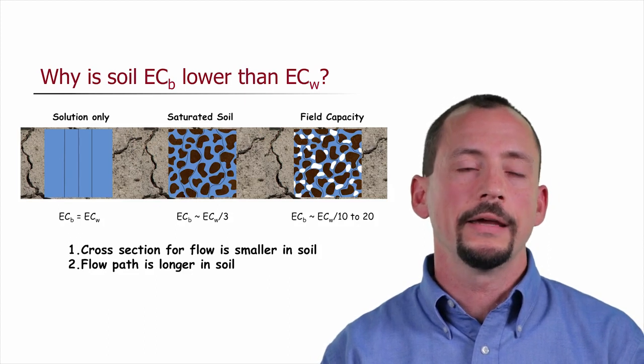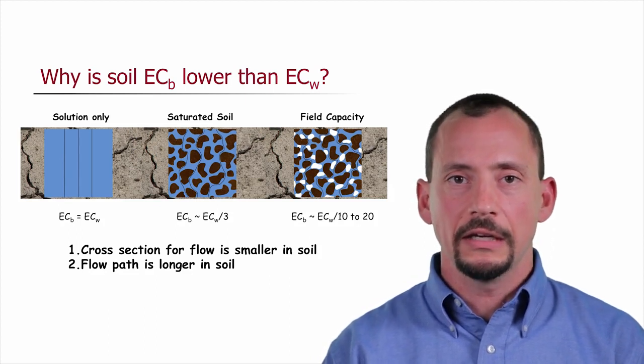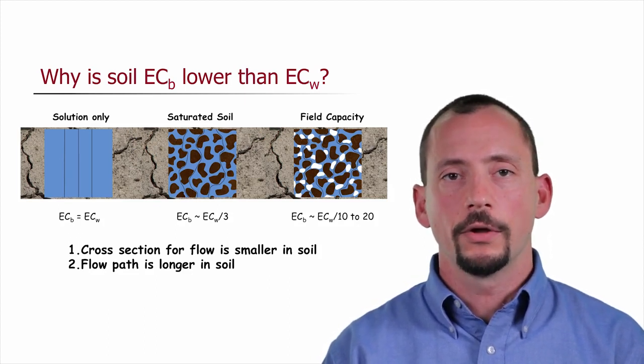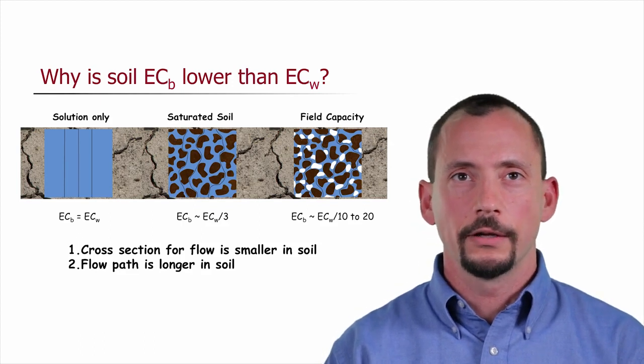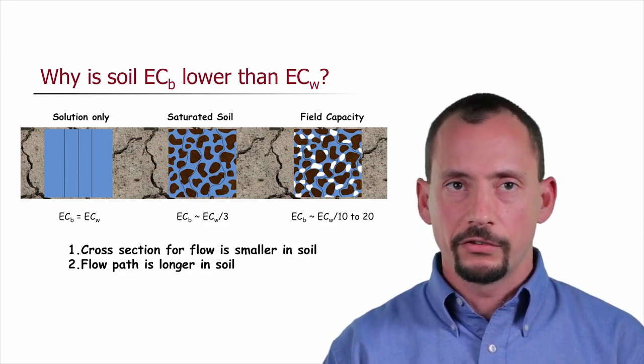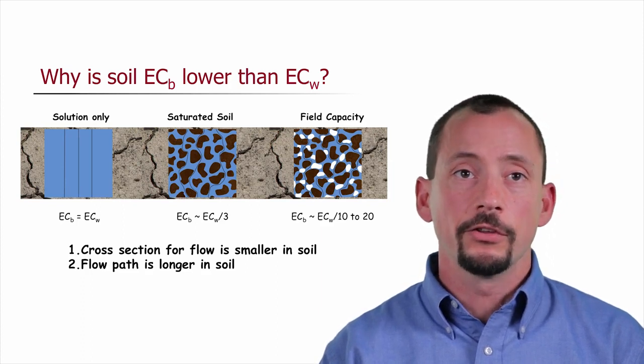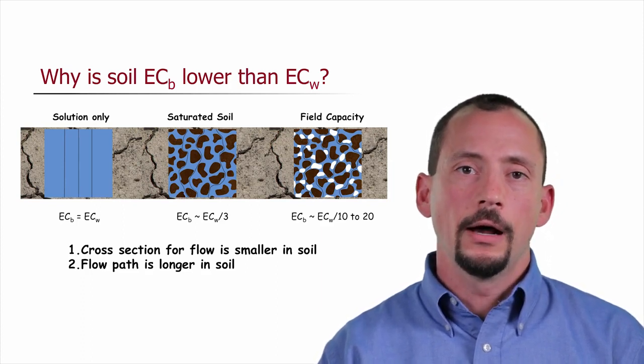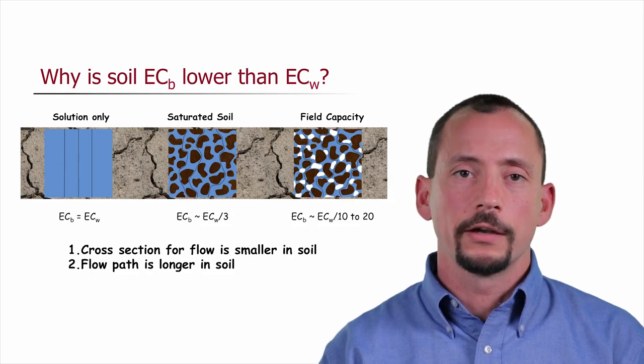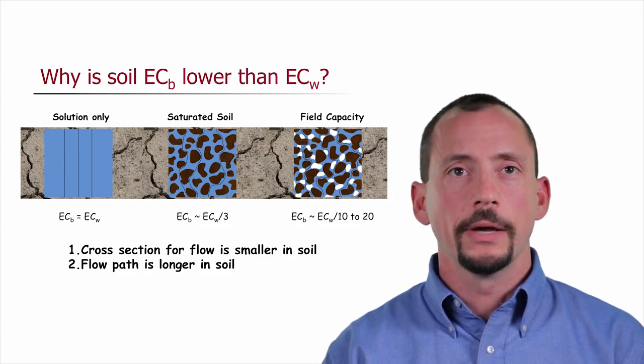So this is why the bulk EC is really an indirect indicator of what the true salinity status of the soil is. And this is the reason that, of course, bulk electrical conductivity is never the same as the soil water electrical conductivity if you're measuring in a soil matrix.